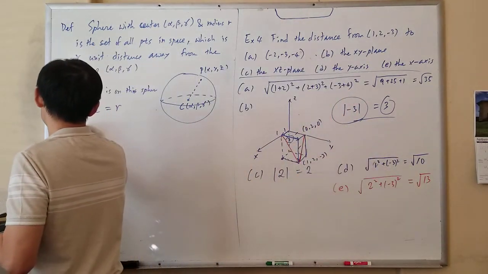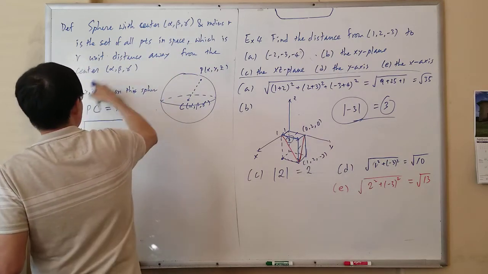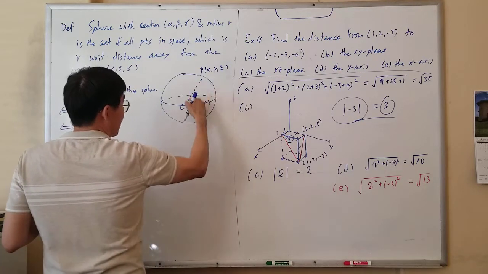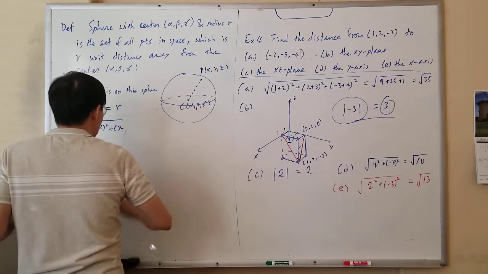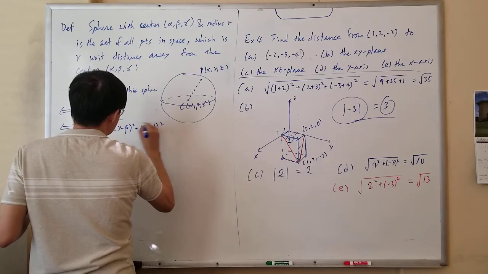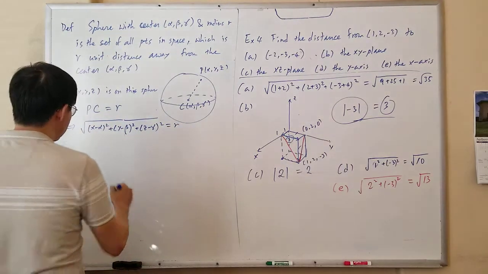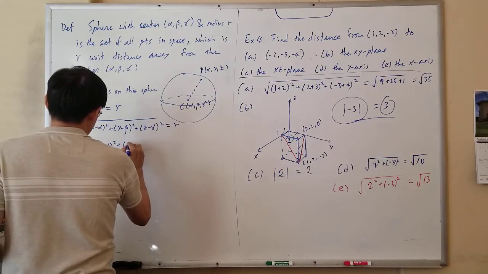What was the distance formula? Square root of the x coordinate difference squared, plus the y coordinate difference squared, and the z coordinate difference squared, equals r. And then square both sides, you get the sphere equation.